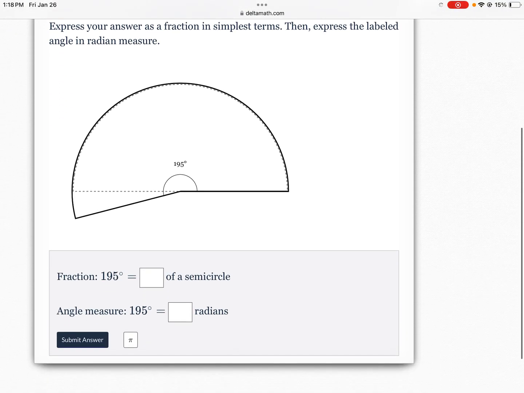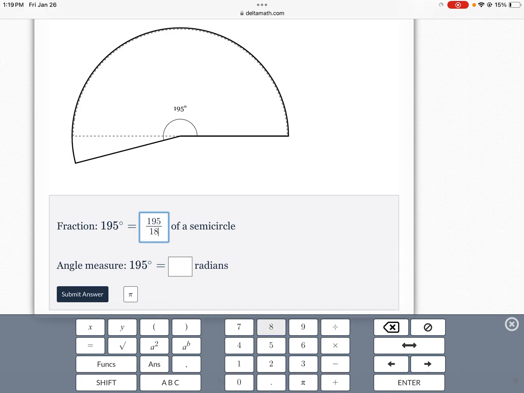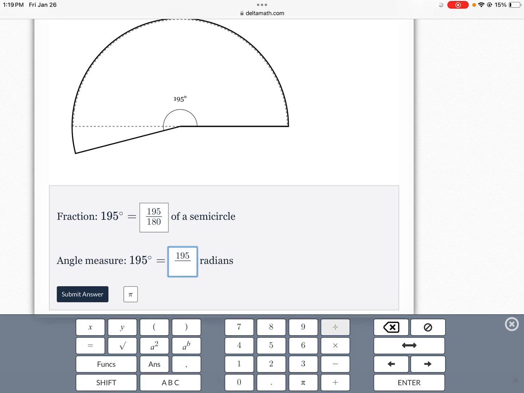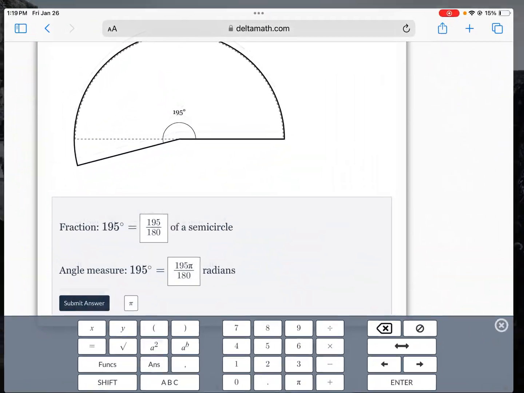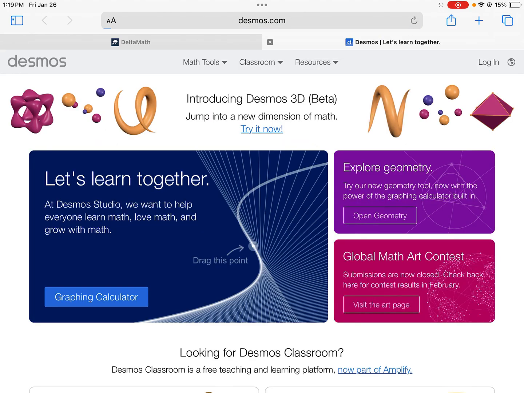So if I look again, what is this of a semicircle? That's 195 over 180. And again, this is the correct answer, but you guys are going to see here it's going to want it in simplest form. So if you're not liking your fractions, you could go to your calculator.